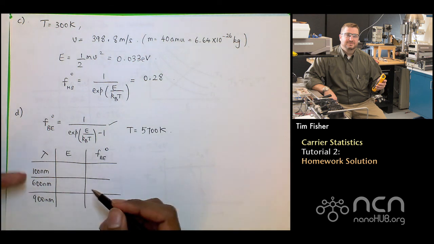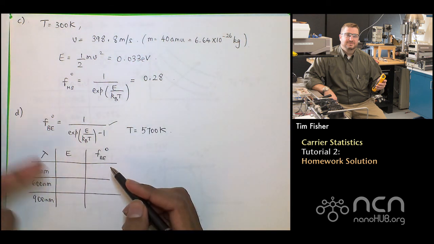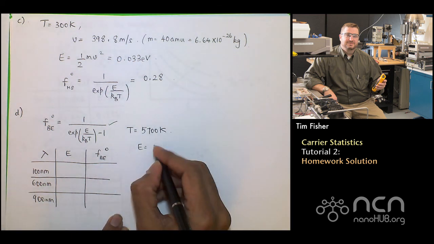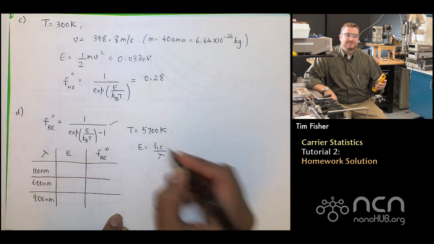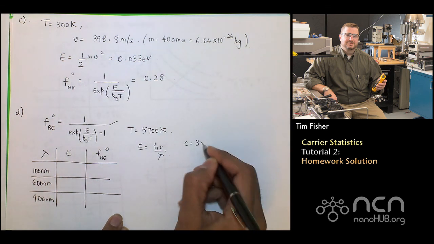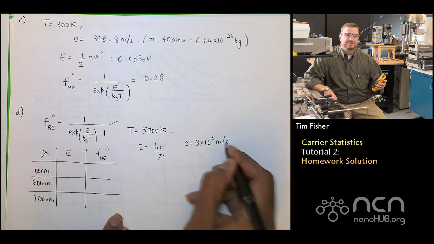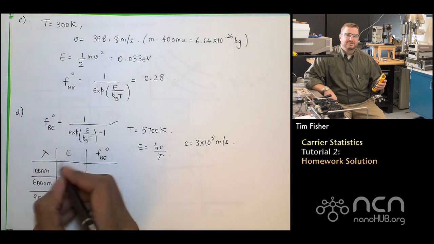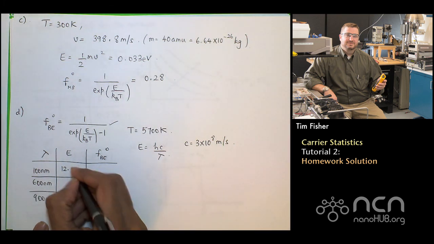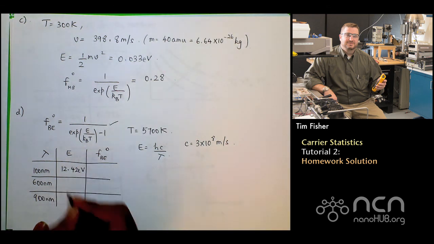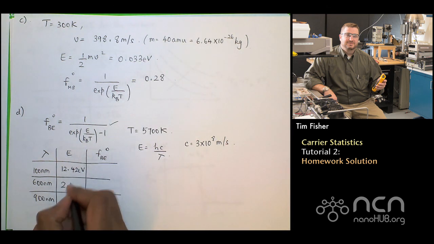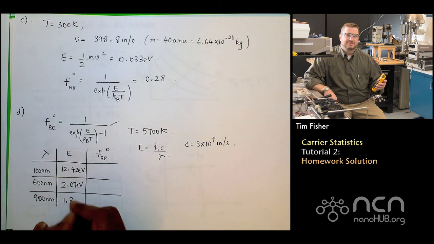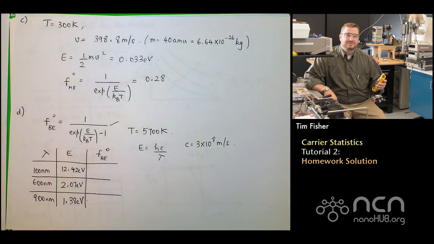Firstly, we need to calculate the energies of these various photons given the wavelengths, and this is simply given by energy equal to hc by lambda, where c is the velocity of light, 3 times 10 to the power 8 meters per second. If we calculate that, the energies for these 3 photons come out to be 12.42 electron volt, 2.07 electron volt for the 600 nanometer photon, and 1.38 electron volt for the 900 nanometer, or infrared range, photons.